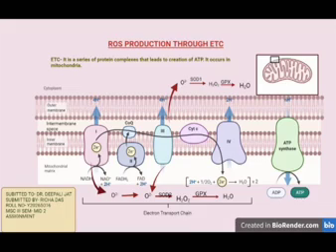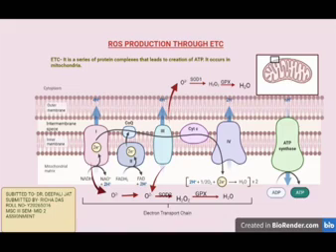Complex 1, which is also known as C1 or NADH ubiquinone oxidase, is the largest multi-subunit enzyme complex in the ETC. The key role of C1 is the transfer of electron from matrix NADH to ubiquinone.